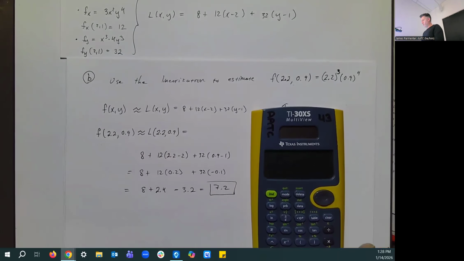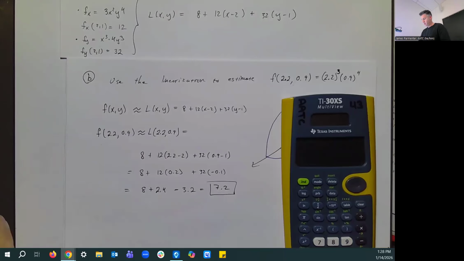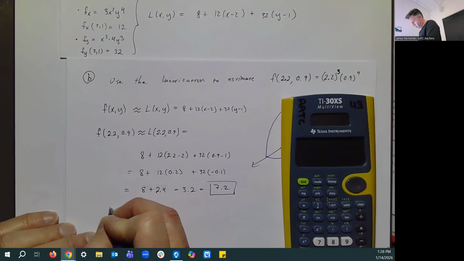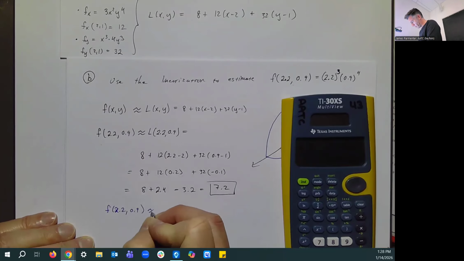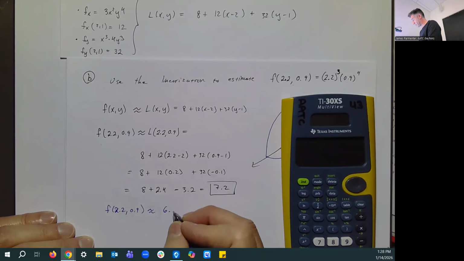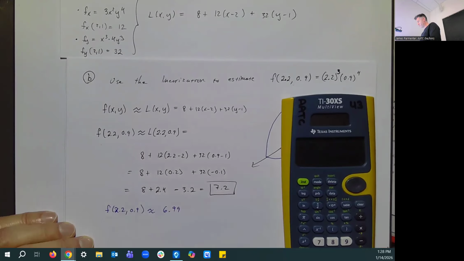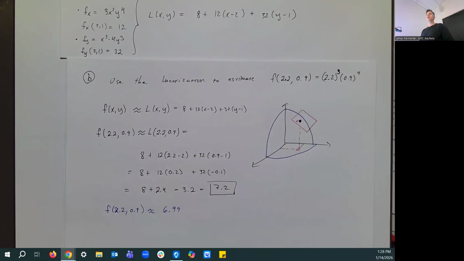Okay, not too bad, right? We're not that far off. So I'll just point out that f of 2.2 comma 0.9 is approximately, I guess I should round up to 6.99. So yeah, again, a decent estimate.